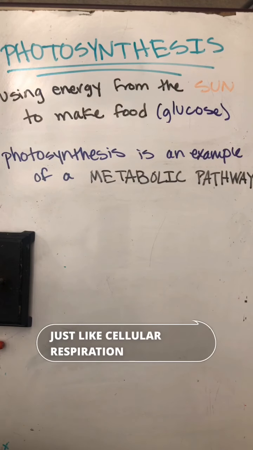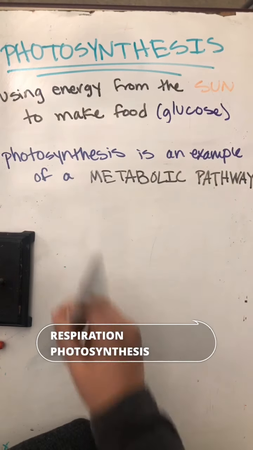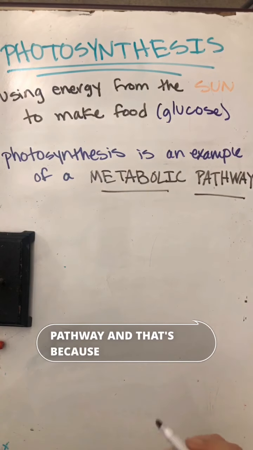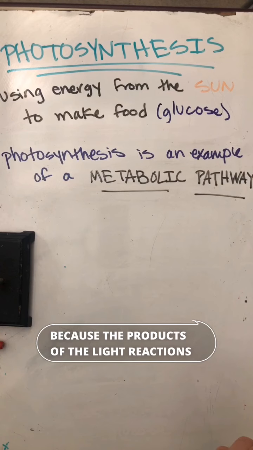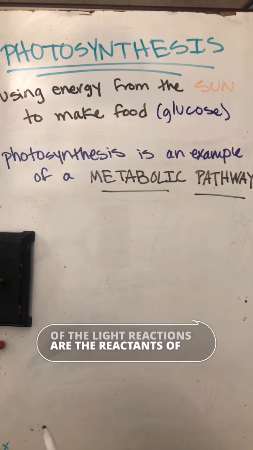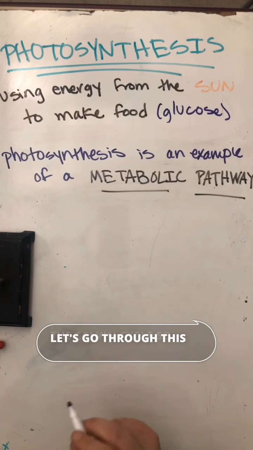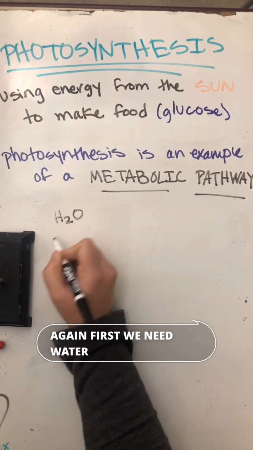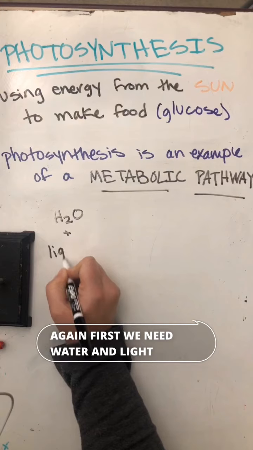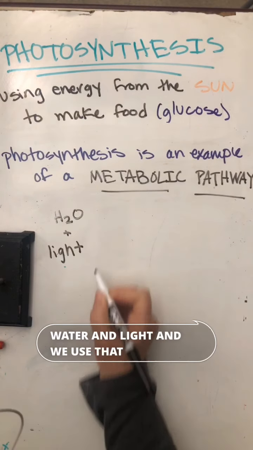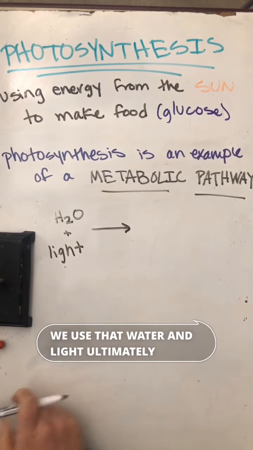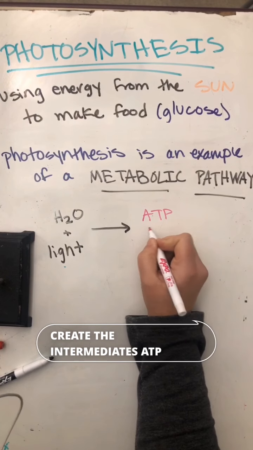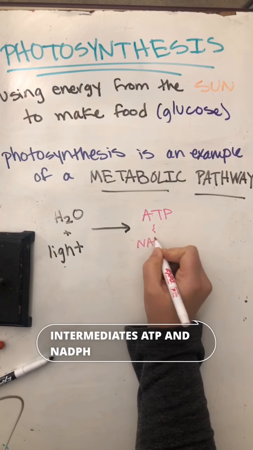Just like cellular respiration, photosynthesis is an example of a metabolic pathway, and that's because the products of the light reactions are the reactants of the Calvin cycle. So let's go through this again. First, we need water and light, and we use that water and light ultimately to create the intermediates, ATP and NADPH.